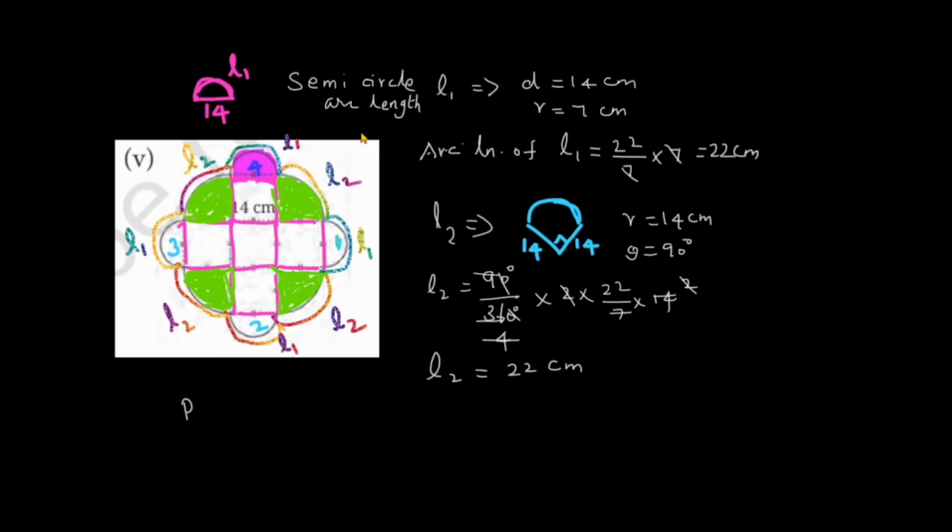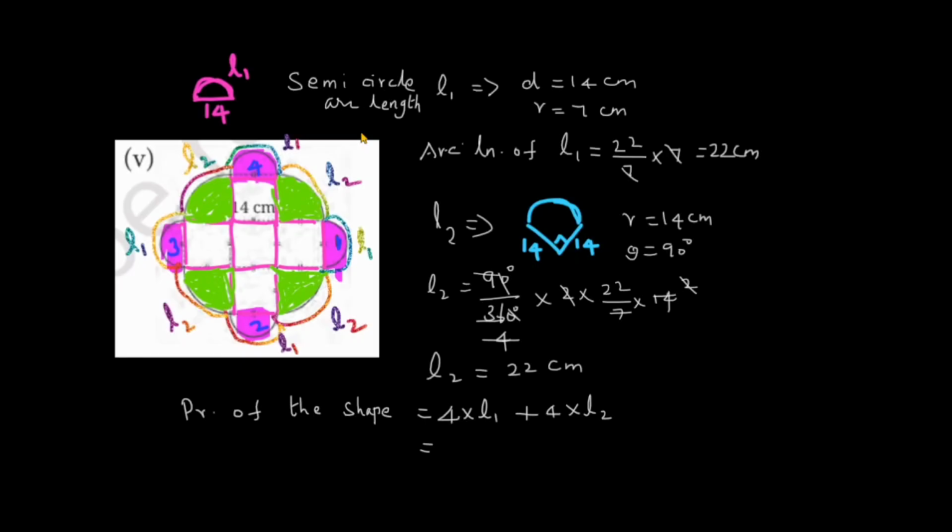Now perimeter of the given shape is nothing but, how many L1s are there? 4 L1s are there. Look at here, here one L1, here one L1, and here one L1, and here another L1. So 4 L1 arcs are there. So 4 times L1 plus 4 times L2.